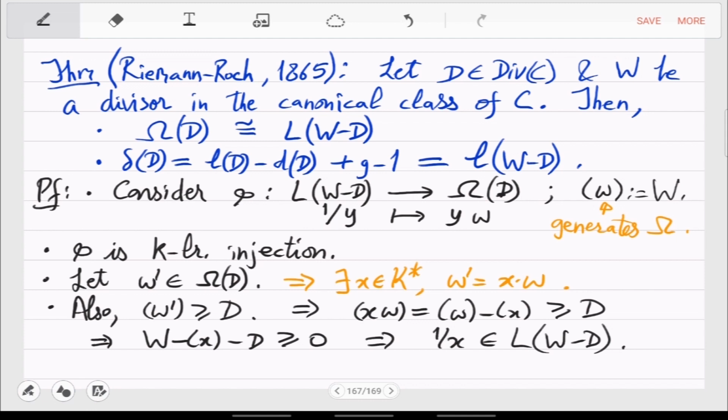You can do that if it's well defined. If W prime belongs to omega D, then W by x also belongs to capital omega D, and the same argument will tell x belongs to.